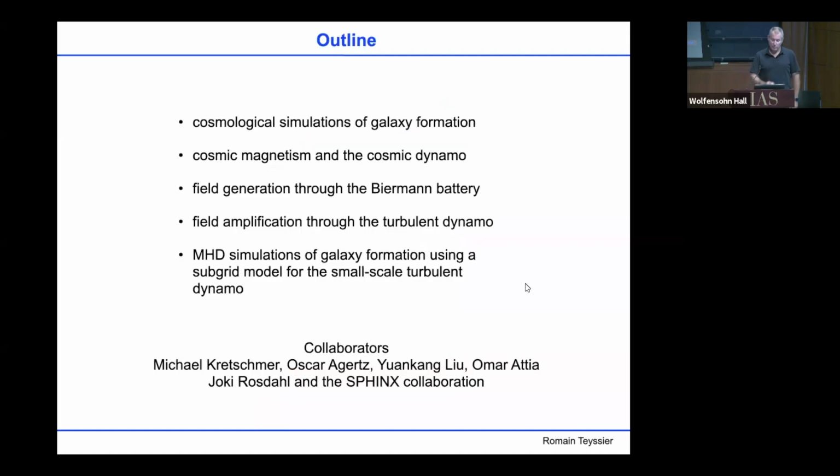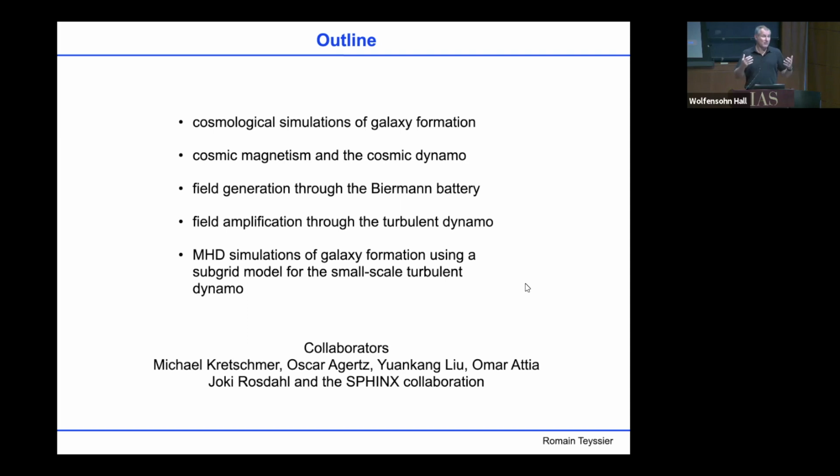So the outline: I will very briefly introduce galaxy formation from a cosmological perspective and mostly using simulations. Then I will introduce you to what we think is the history of the magnetic fields in the universe.